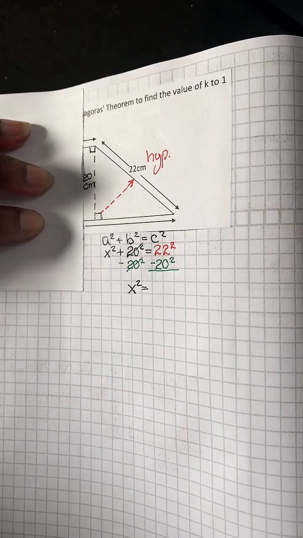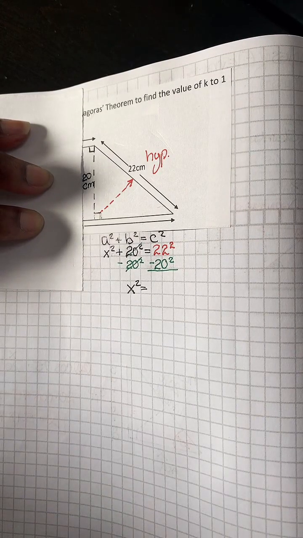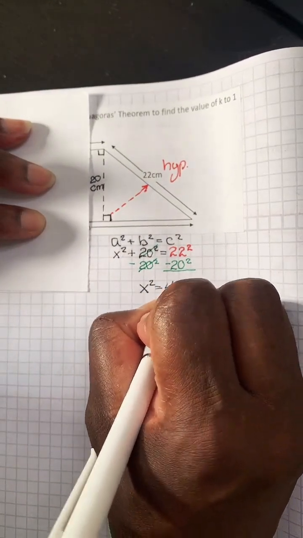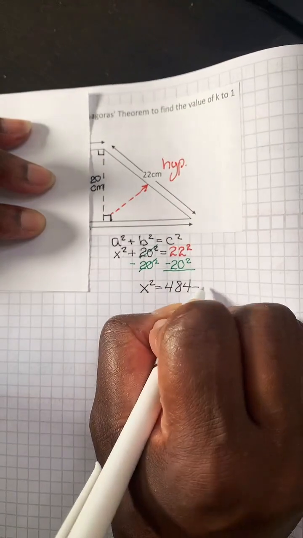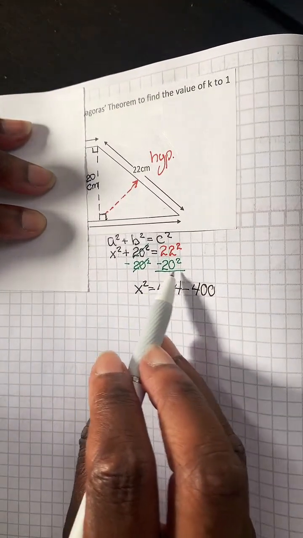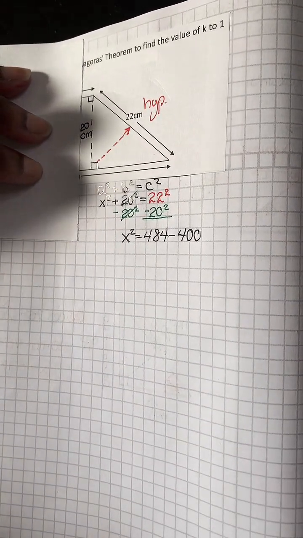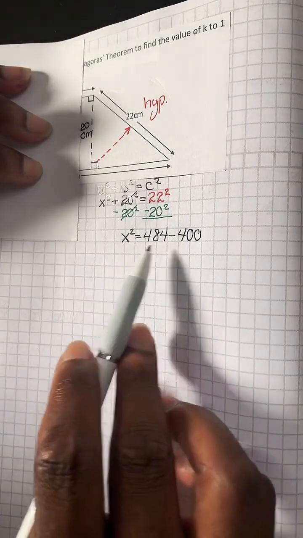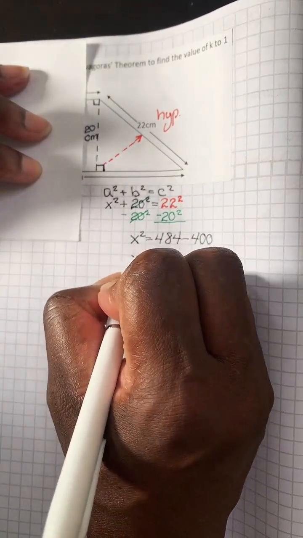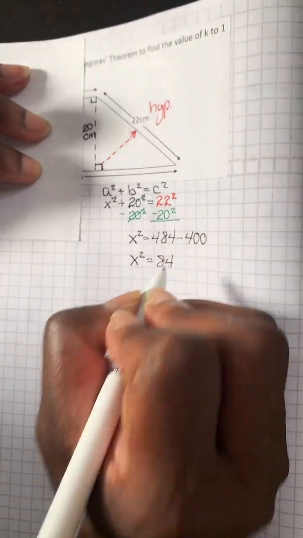Now, our 22 squared, was it 484? So we got our 484 minus my 400, because 20 squared is 20 times 20. That's 400, okay? So now, 484 minus 400, we have our x squared is equal to 84.